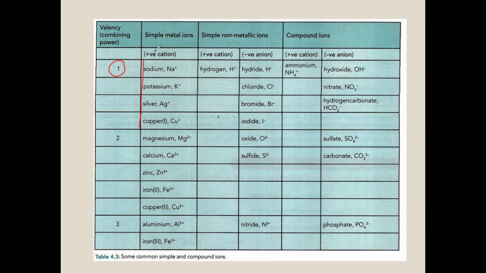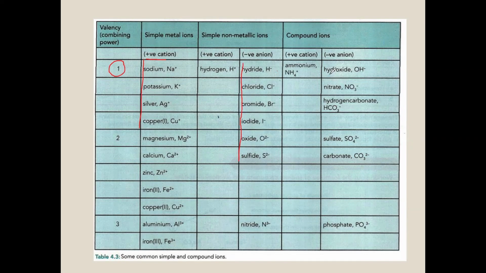If they are metals, they will form positive ions or cations, and the non-metals will form negative one ions.